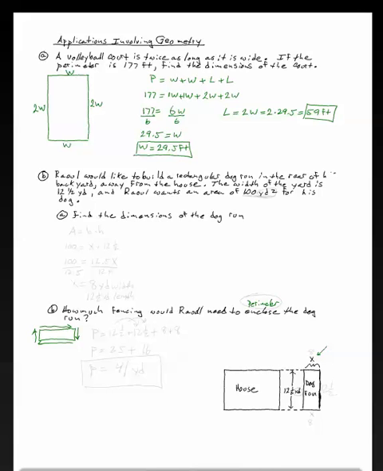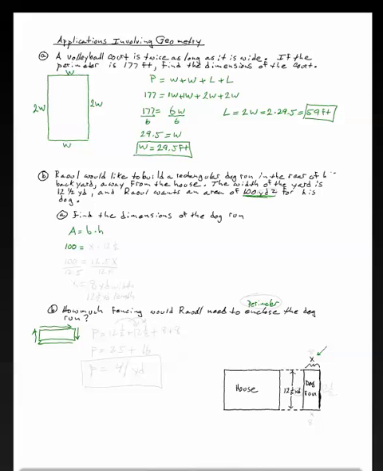So we know that the area of the dog run is 100 yards squared. And we also know the formula for area, which is length times width, or base times height. I'm going to call it base times height, because that's the one we normally use now. We know the area is 100 yards squared, so I'm just going to plug in 100 for area.